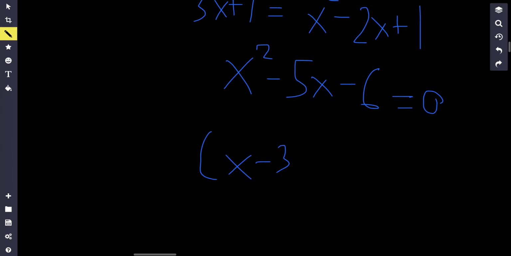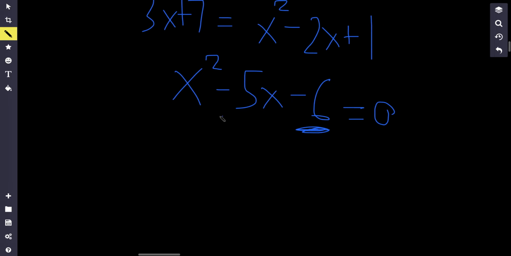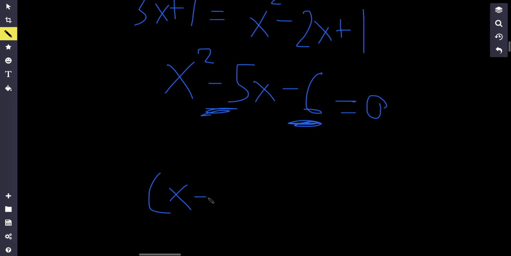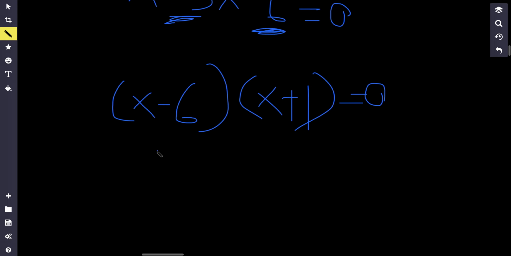My bad. All right, so two numbers that multiply to be -6 and add up to be -5 are x minus 6 and x plus 1. Sorry guys. I was like, what? Both these solutions don't work? That's kind of crazy. All right, x is equal to 6 or x is equal to -1.